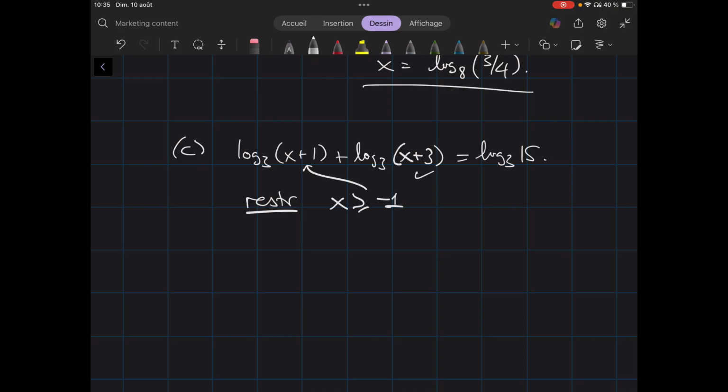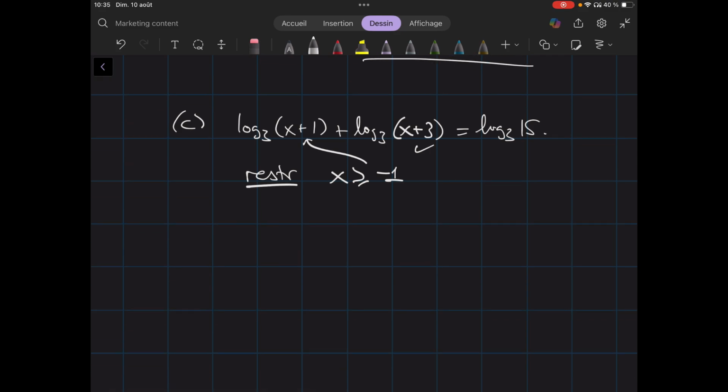The argument of a logarithmic expression must never be negative or zero, at least in the real number system. Okay, so we're adding two logarithms of the same base. So we are going to multiply the arguments.